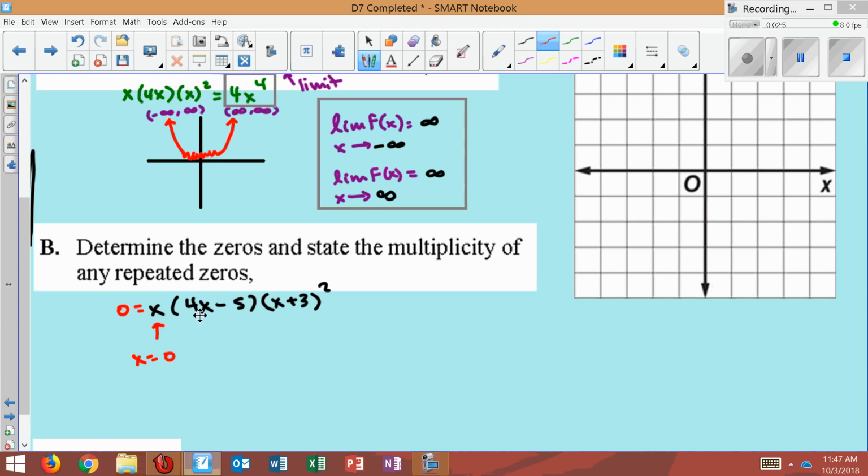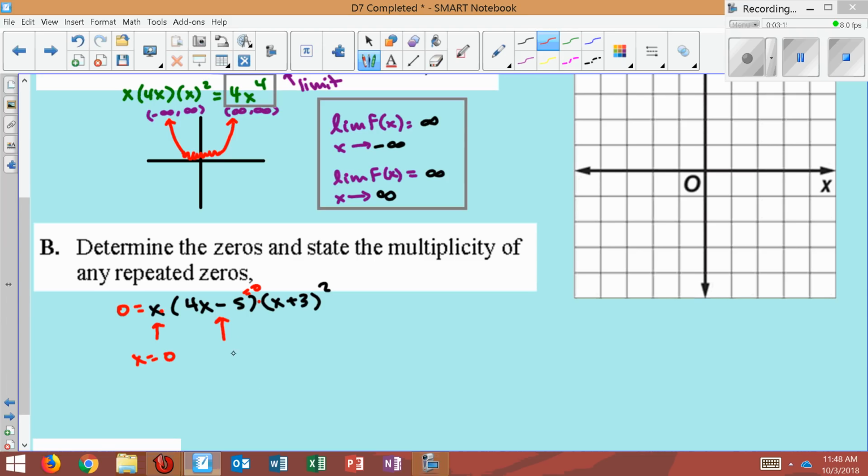This is going off the zero product property. If you have a product of 0, at least one of the factors must equal 0. So here, x is by itself, so x would have to equal 0. Here, you would solve for x: move the negative 5 over, it becomes positive 5, then divide by 4, so x equals 5 divided by 4.